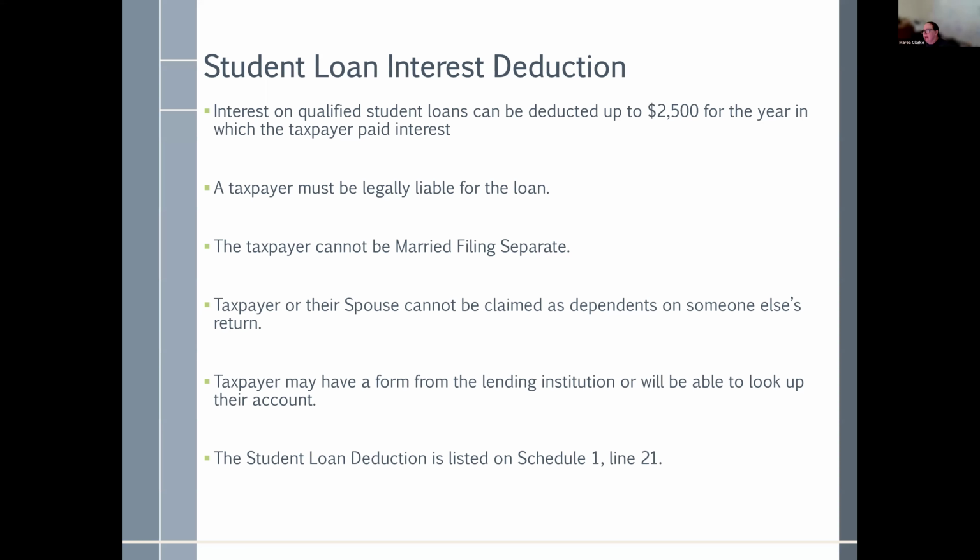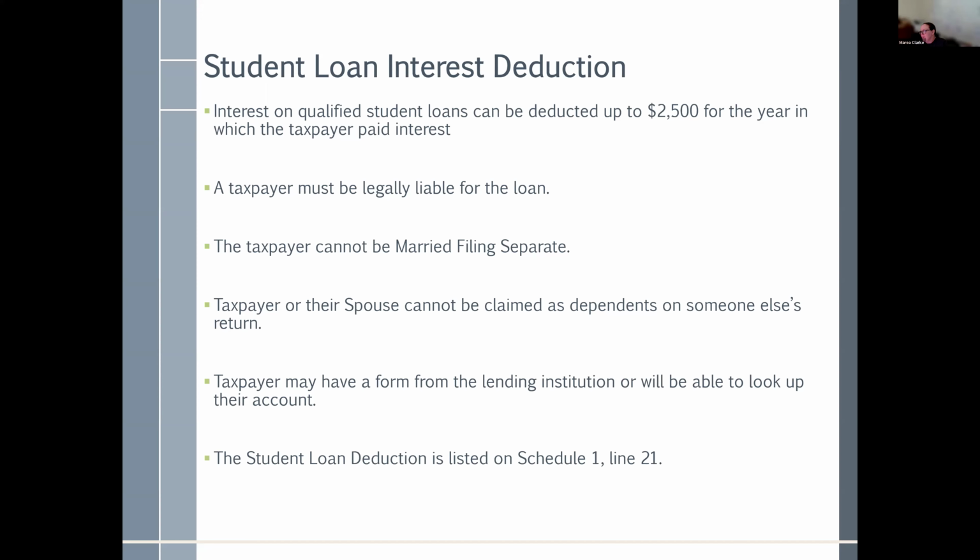So that can be deducted. It's called a student loan interest deduction, but it is an adjustment technically. So they can subtract up to $2,500 per year for the year that they paid the interest. They have to be legally liable for their loan. So like if you pay a friend's student loan payment, they can't deduct that interest and neither can you.